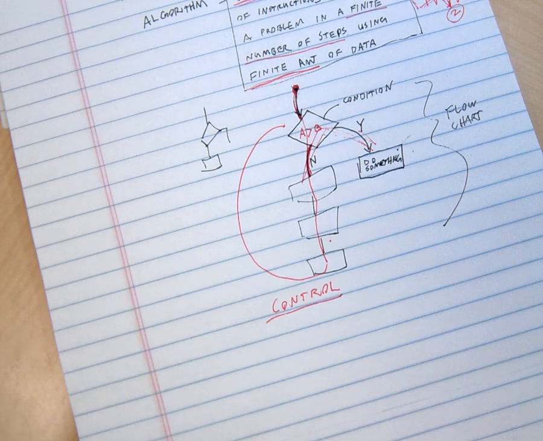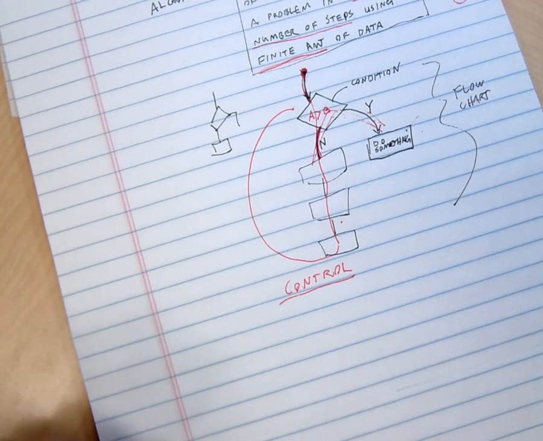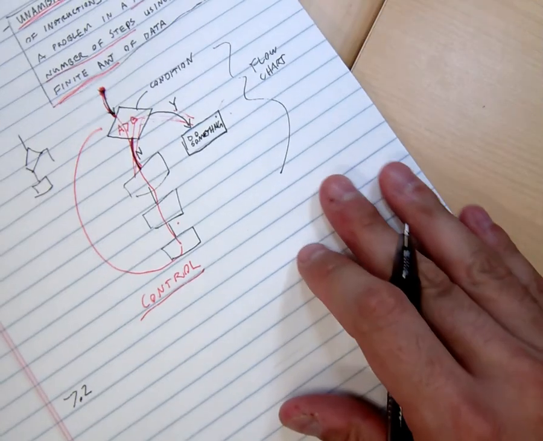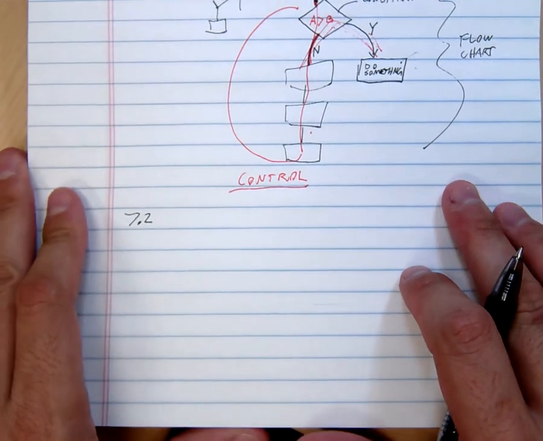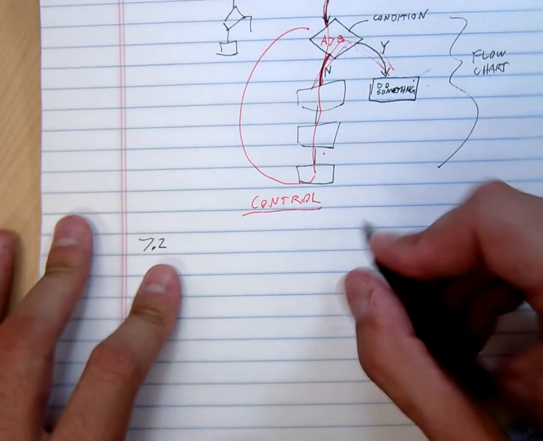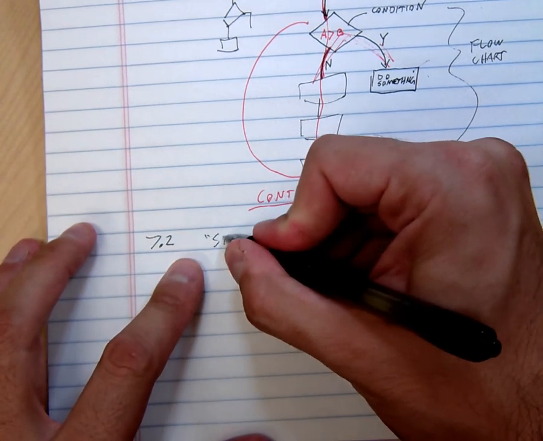So let's look at section 7.2, and that is looking at, if you forgive me, the projector itself is getting in my way. It's looking at something called selection.